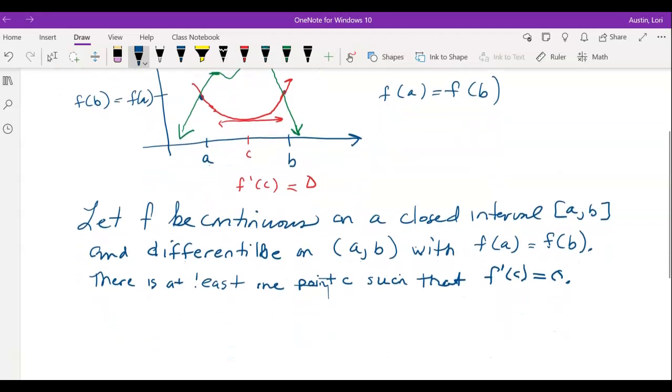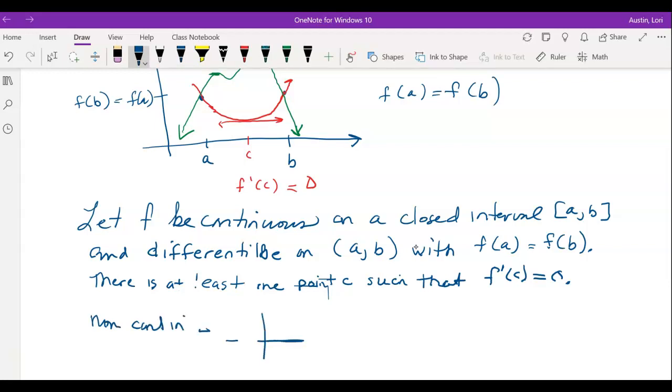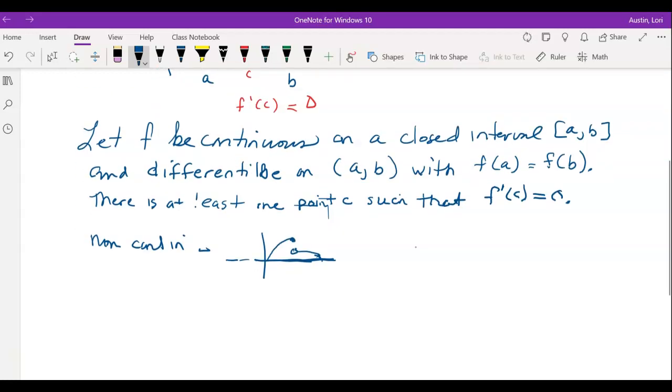A non-continuous function isn't going to work. If you don't have continuity, you can't assume Rolle's theorem is going to work. And if you don't have differentiability.